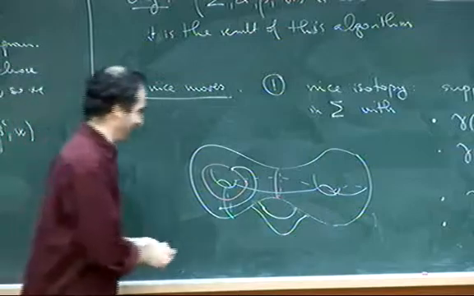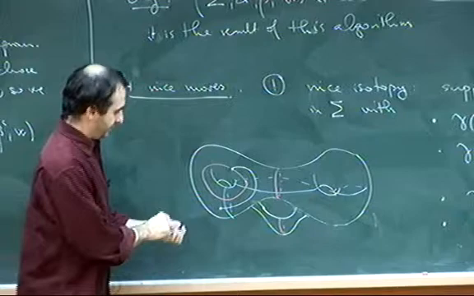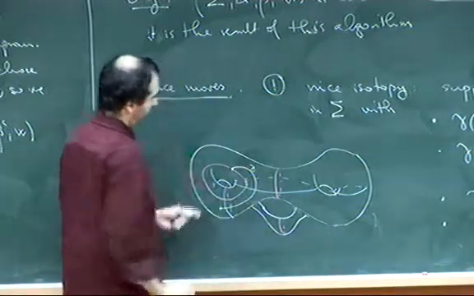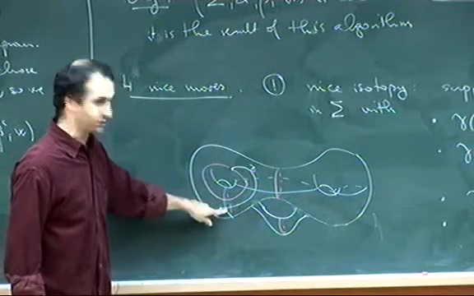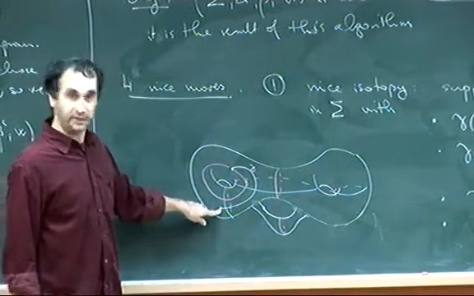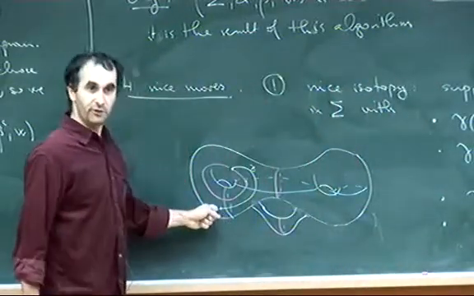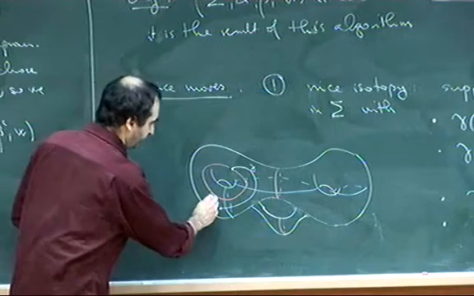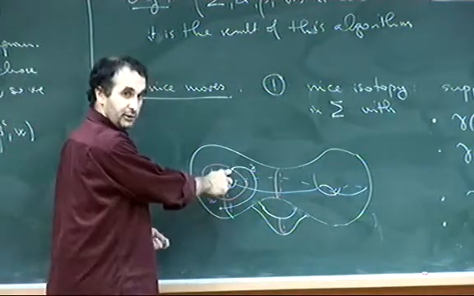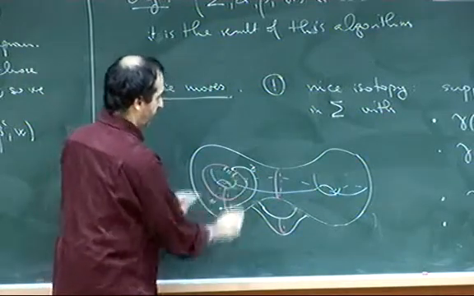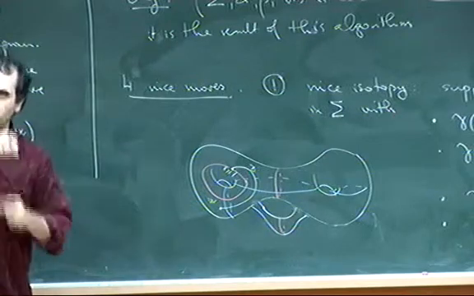So here is this gamma curve. It starts on an alpha, then it stays disjoint from the alphas, it's transverse to the betas, and it will end up in a domain. We require that this domain is either a bigone or a domain with a W. There is also this domain behind the point, the domain which contains the starting point on its boundary, but the gamma starts in the other direction.